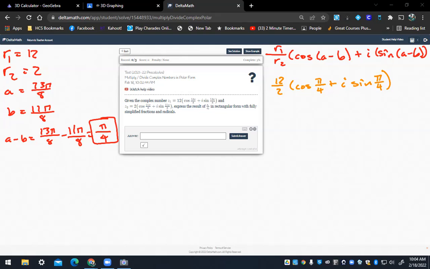When you're multiplying two complex numbers, you multiply the r's and add the angles. If you're dividing, you divide the r's and subtract the angles.